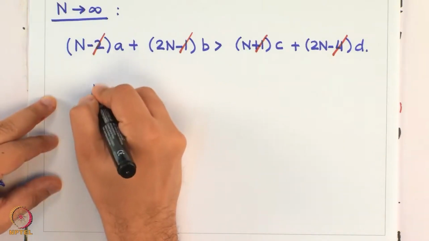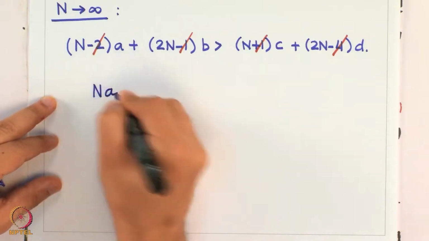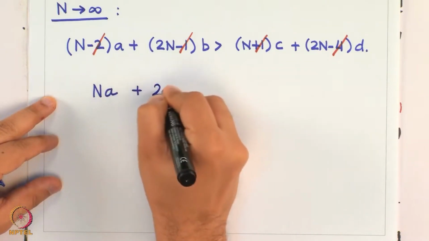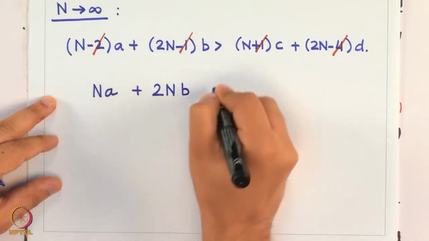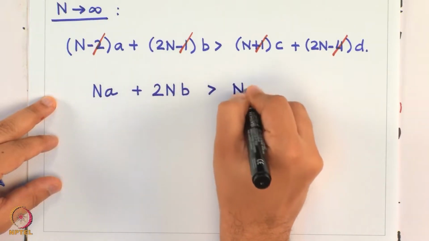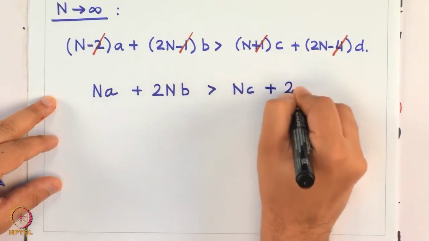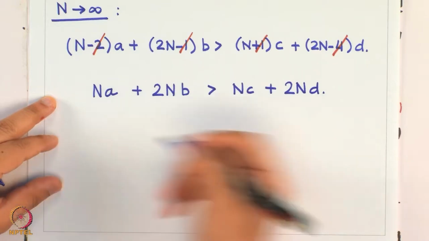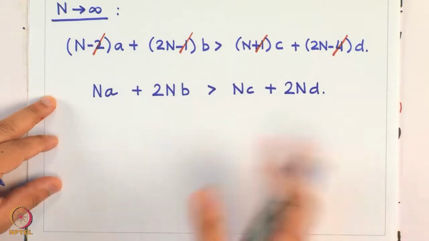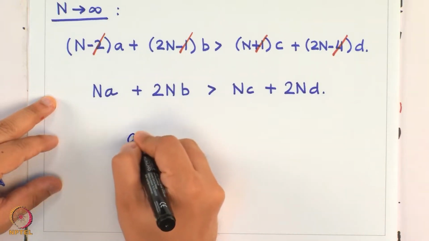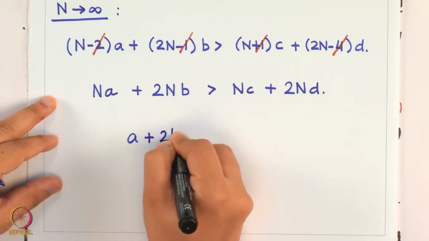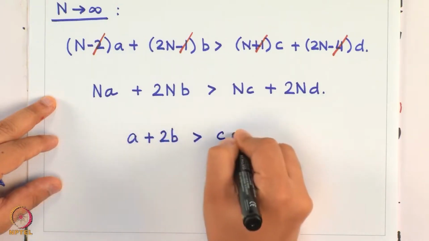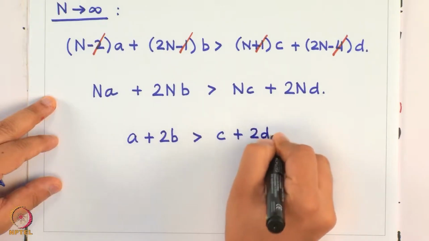The relationship we get is NA plus 2NB should be greater than NC plus 2ND. Since all these terms have N, we can drop N and we get A plus 2B bigger than C plus 2D.